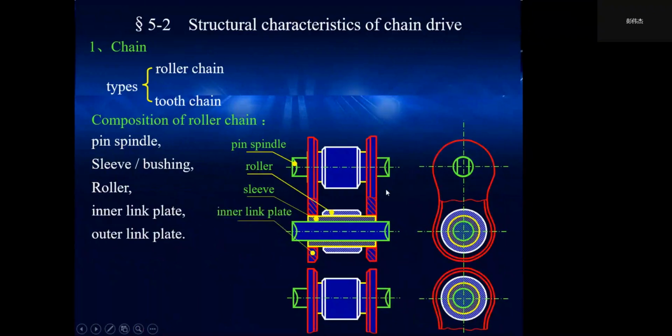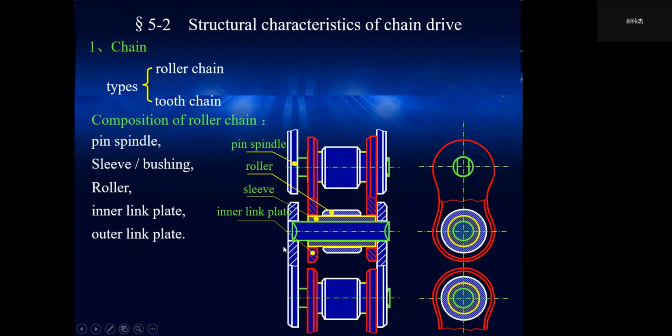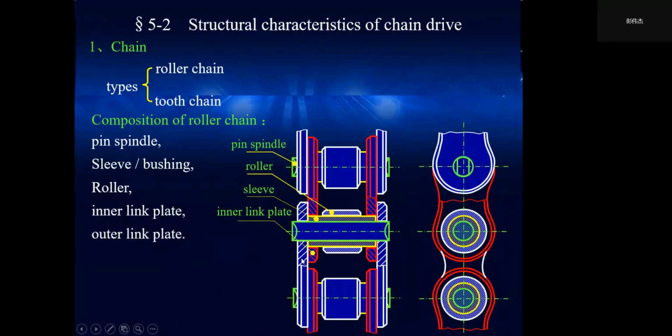The right finger shows the structure of a single strand roller chain. It's composed of the pin, the bushing or sleeve, the roller, and the inner link plate and outer link plate.